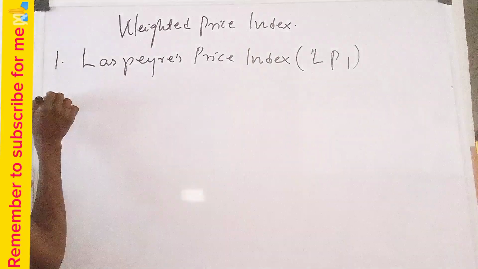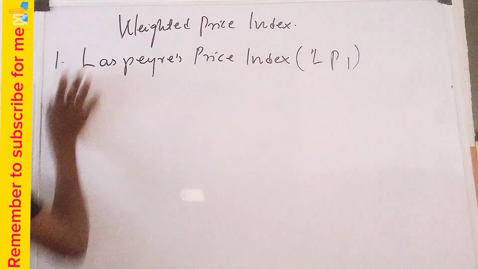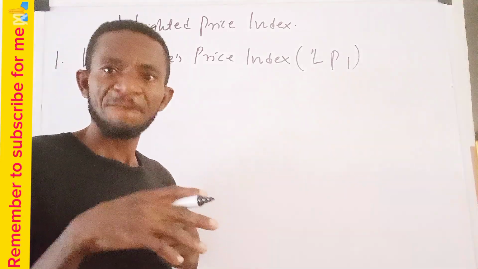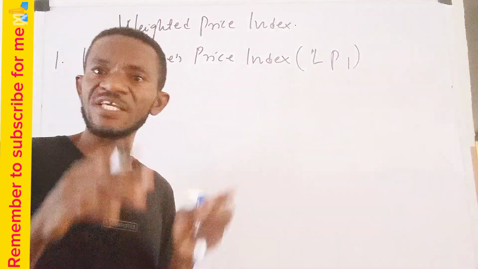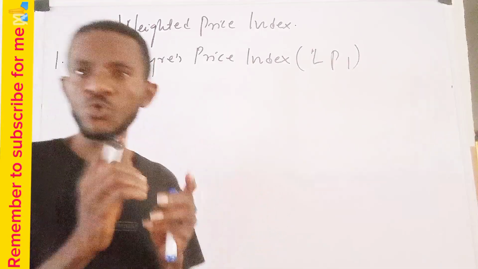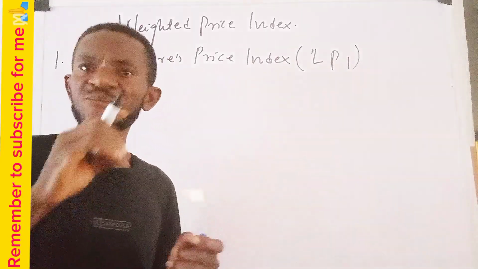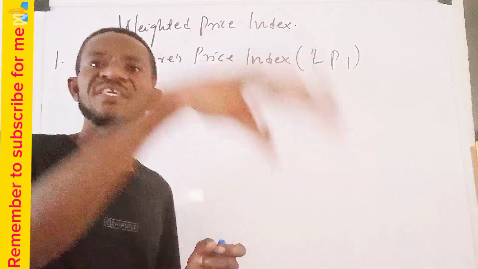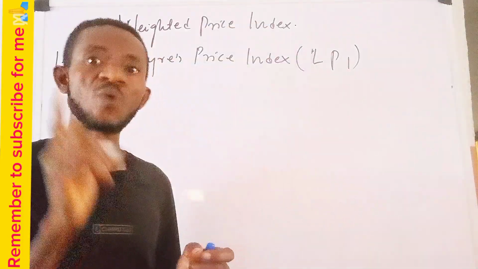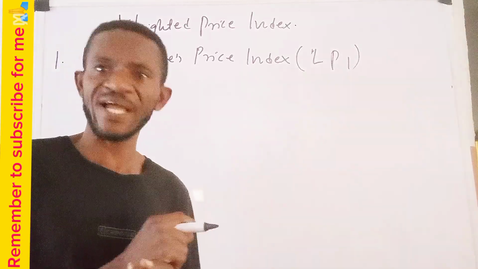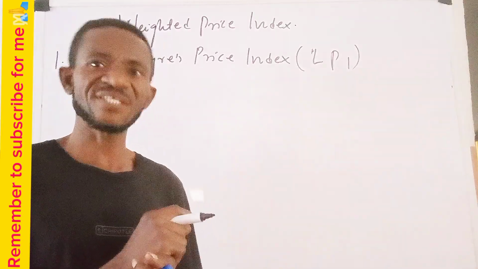Then we now have number 2, but before I write that, let us discuss Laspeyres. Laspeyres, in his own formula, is trying to use the quantity of the commodities in the base year as the weighting parameters.